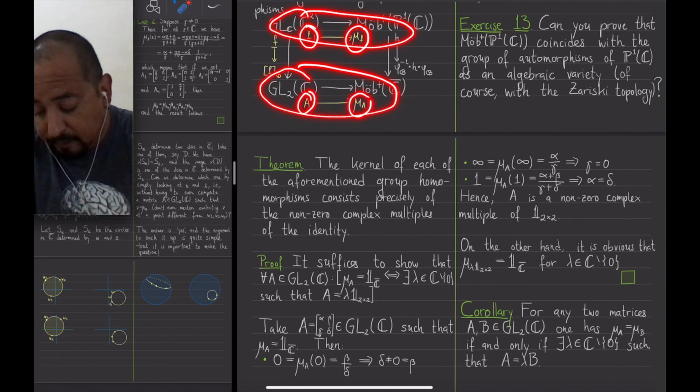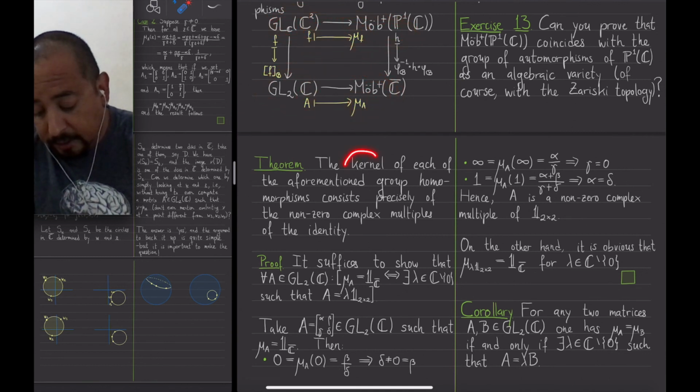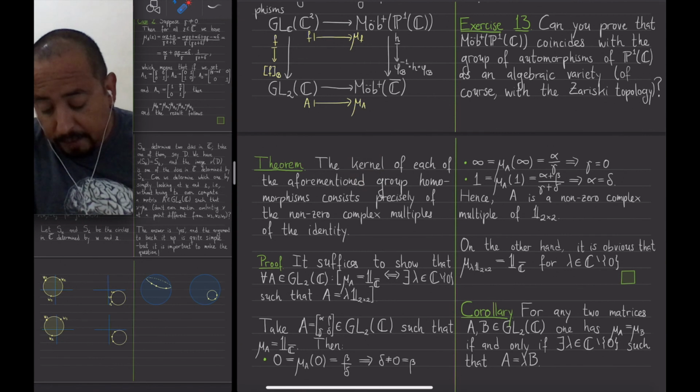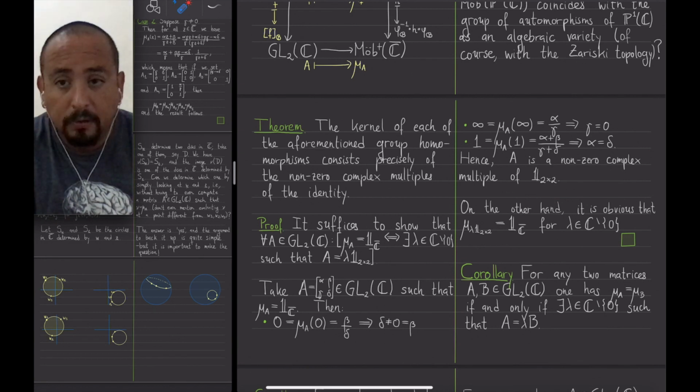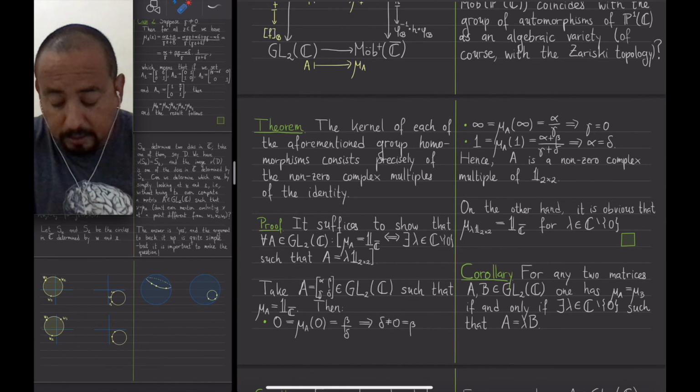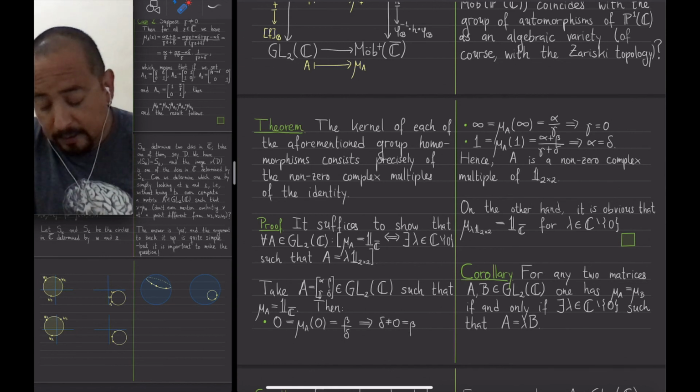The kernel turned out to be easy to find: it's just the non-zero complex multiples of the identity.